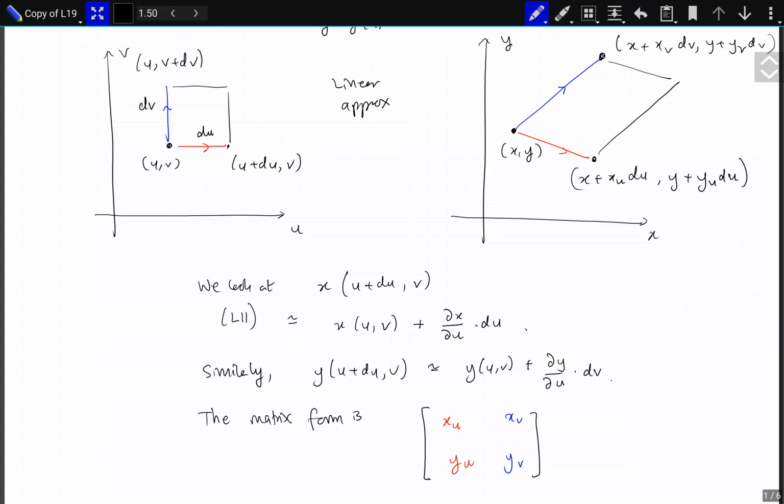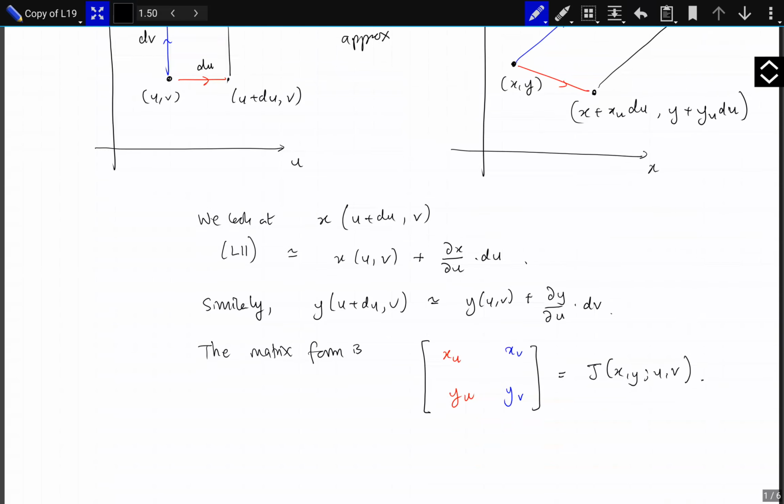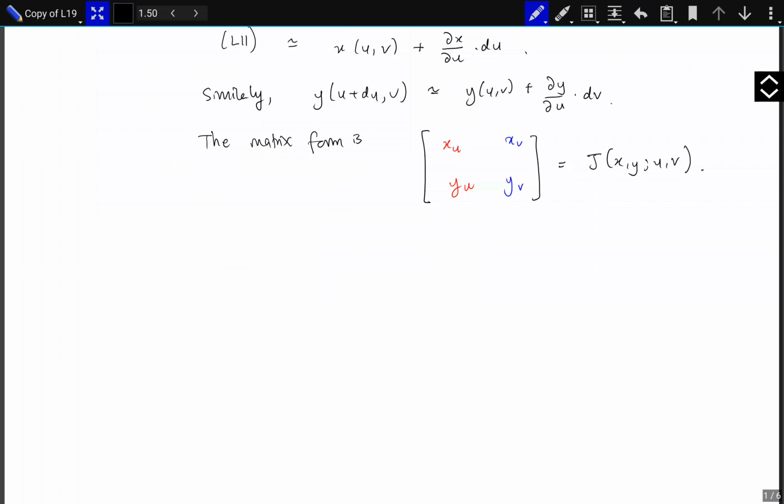This is also known as the Jacobian of the transformation from uv to xy. Now the absolute area change is the absolute value of the determinant of this Jacobian.